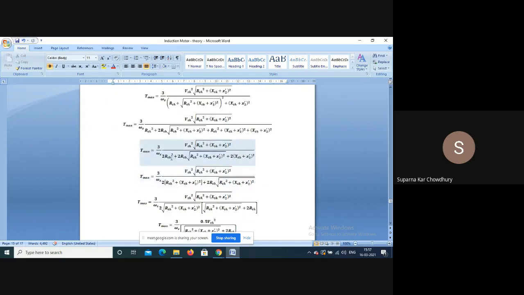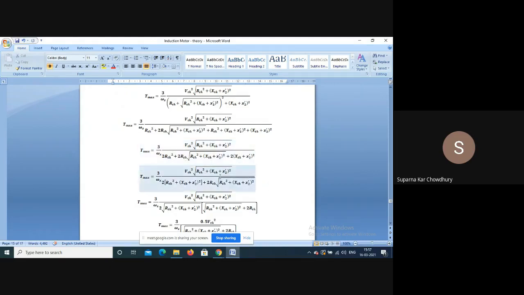So this becomes 2 R Thevenin square plus 2 into X Thevenin plus X2 dash square, so this plus this quantity. If we write these two together, it will look like this.